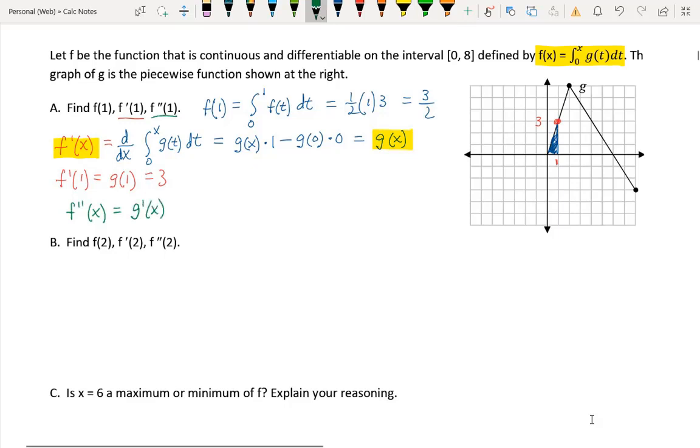Hopefully that relationship makes sense with what I highlighted up above. So now f double prime of 1 is going to equal g prime of 1.